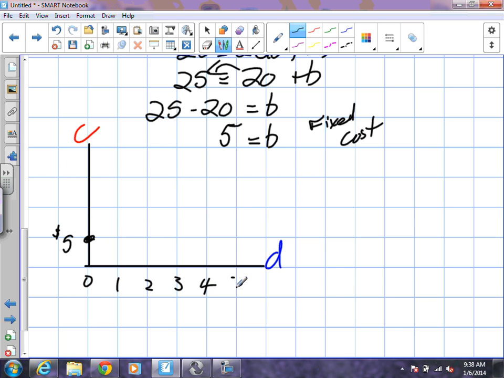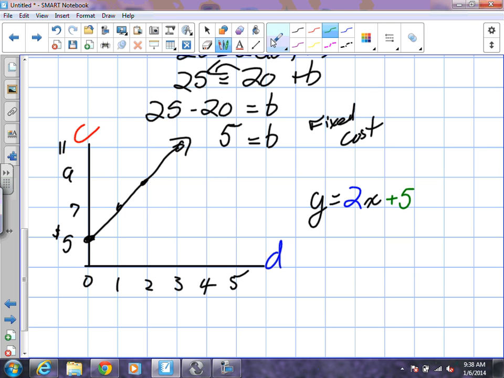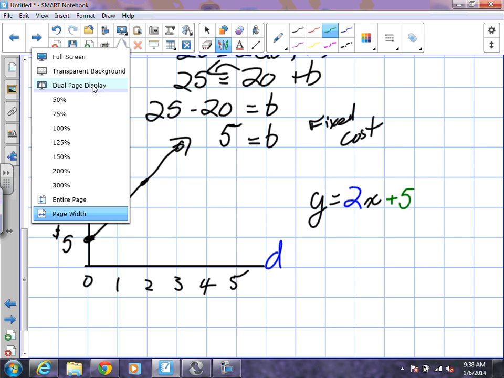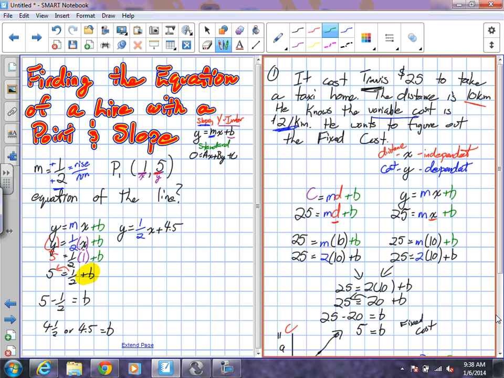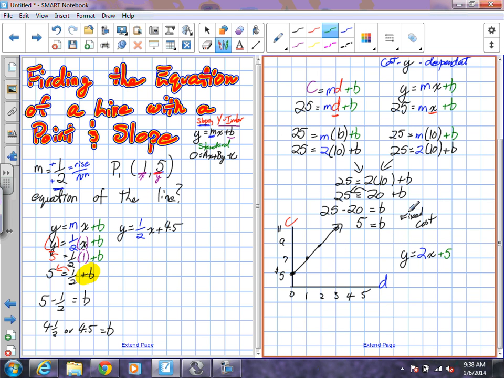So let's say this is 7, 9, 11. It constantly increases by $2 depending on how far we go. So our equation: y is equal to our slope, 2, x, plus our fixed cost, or our y-intercept, 5. So we've now built our equation from the information we had. We plugged in a point, and we had the slope, and we found our y-intercept.